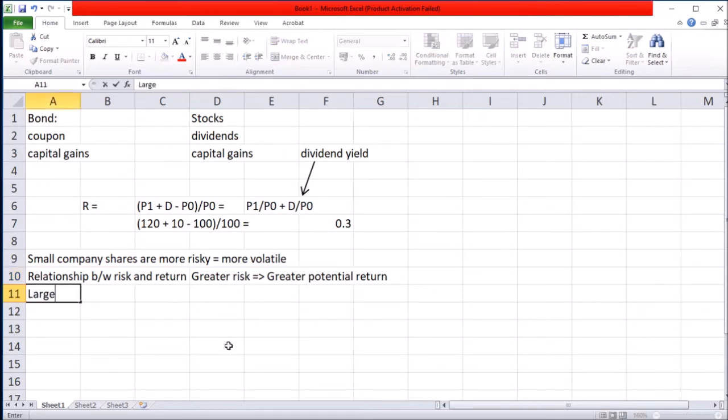And usually with the larger companies, generally risks are lower, the larger company shares are less volatile, but at the same time, the possible gains on average are also lower. Sometimes, of course, there might be some exceptions to that, but again, this is a general rule.